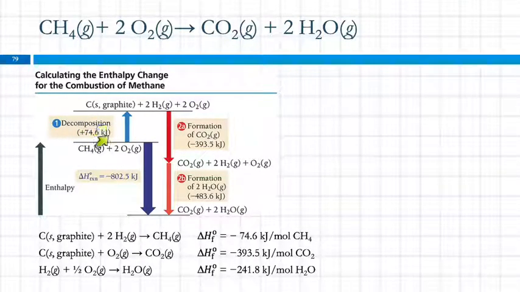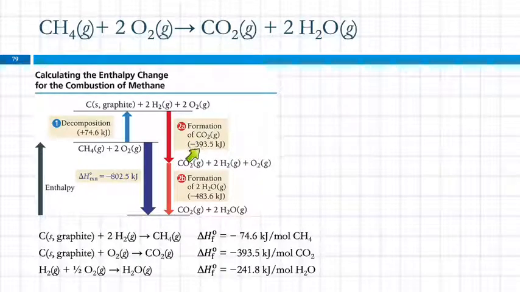And I can look up the energy change for that. This is the decomposition. Here's the formation for that, which is minus 74.6. If I take it apart, I get plus 74.6. And then I'm going to take these building blocks and make CO2. So I'm going to take the carbon and one of these oxygens and make CO2.